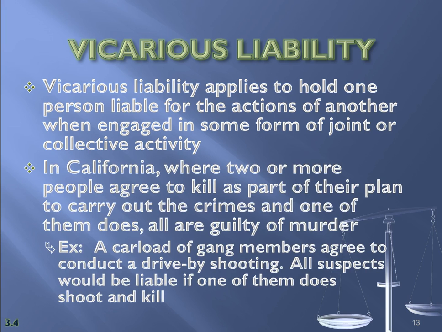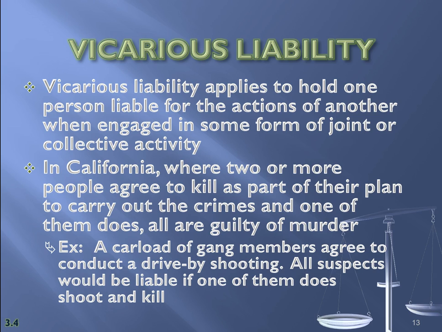So the vicarious liability doctrine holds that where two or more suspects have agreed to kill as part of their plan to carry out their crimes, each of the perpetrators or suspects is guilty of murder when any one of them kills. So let me read back in here.